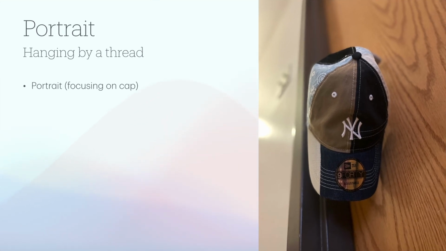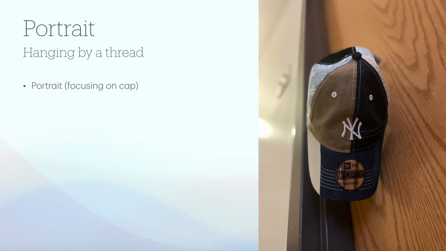Last but not least, this photo is called Hanging by a Thread. For this assignment, we were told to pick a specific subject, or whatever subject you want to use, and take it as a portrait and make sure that it really focuses on that subject particularly, and make sure the background is blurry and to show a lot of elements in that subject properly.